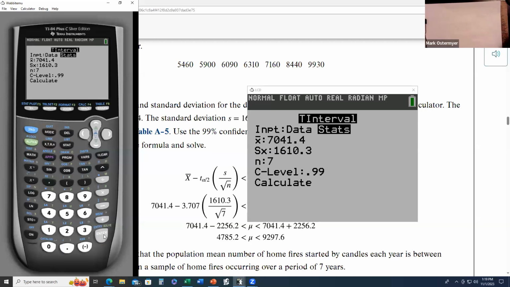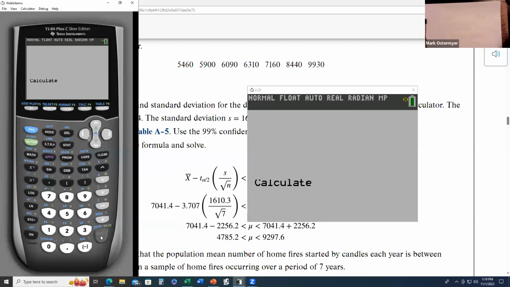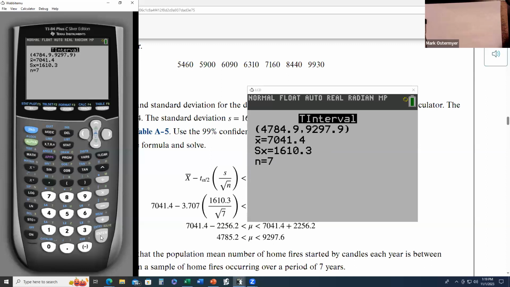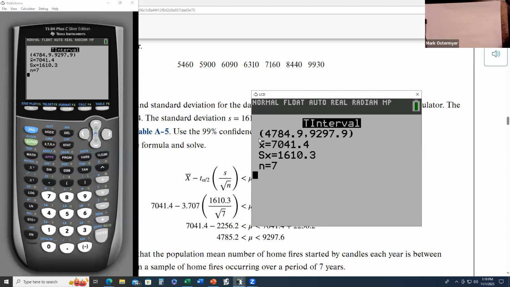And we're ready to compute this confidence interval. That's all you got to do is populate your fields. And there's your confidence interval. So we are 99% confident that the mean number of home fires started by candles during a given year is between 4,784.9 homes and 9,297.9 homes.